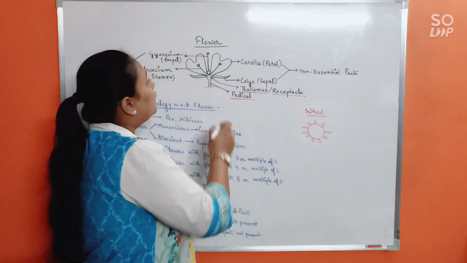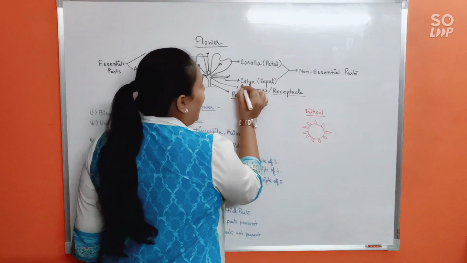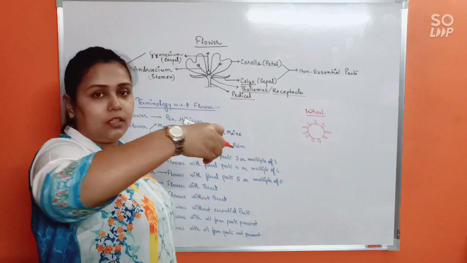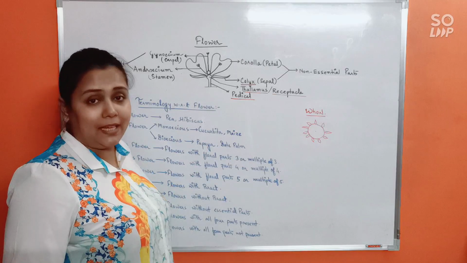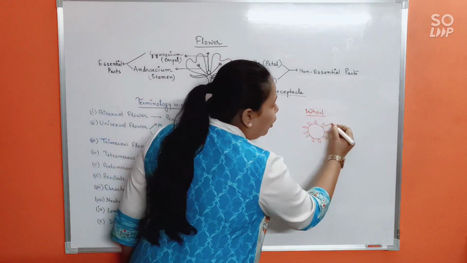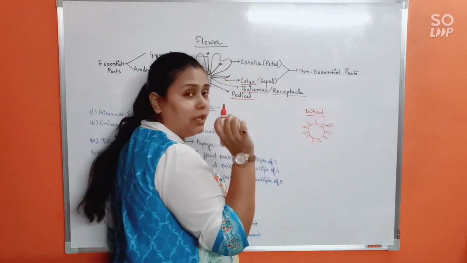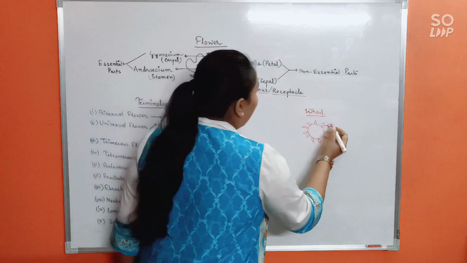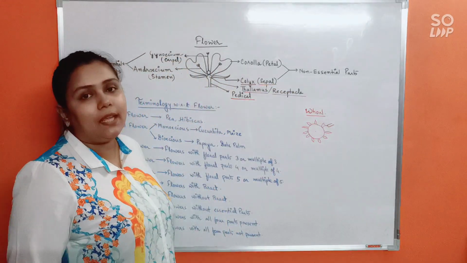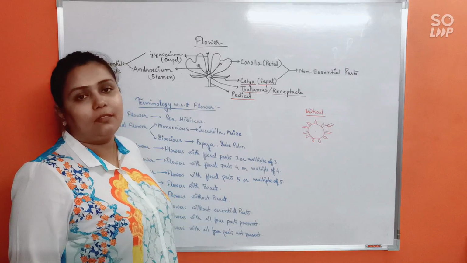Understood? So the outermost whorl present in the flower is the calyx. The whorl itself is known as calyx, but the whorl is made up of many small units. So this small unit of the calyx, the individual single unit of the calyx, is known as sepal. So you can say that calyx is a whorl formed of sepals.